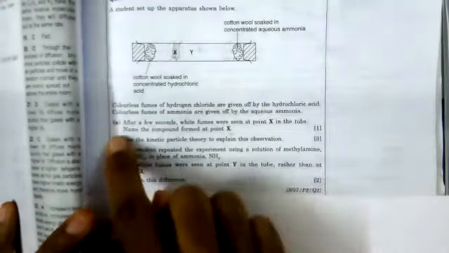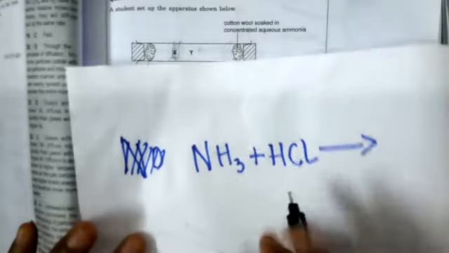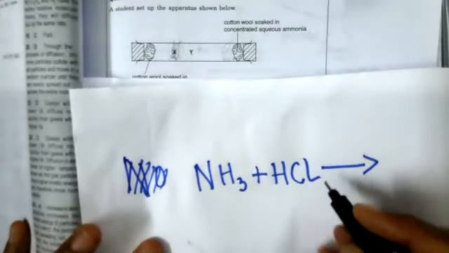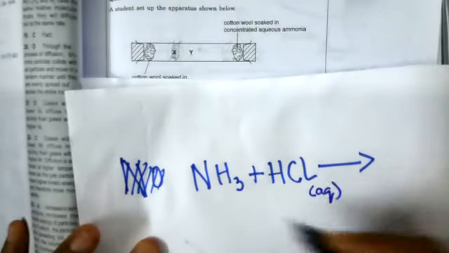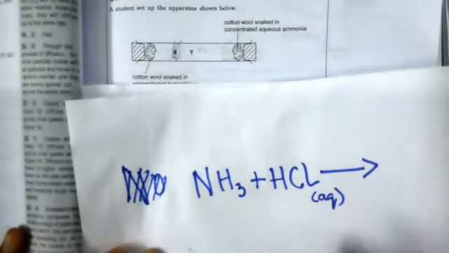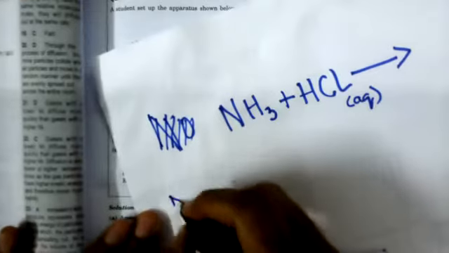So ammonia and hydrochloric acid. Very good. So now can you come up with, so hydrochloric acid is HCl, aqueous, and this is ammonia. So then what will be the product?